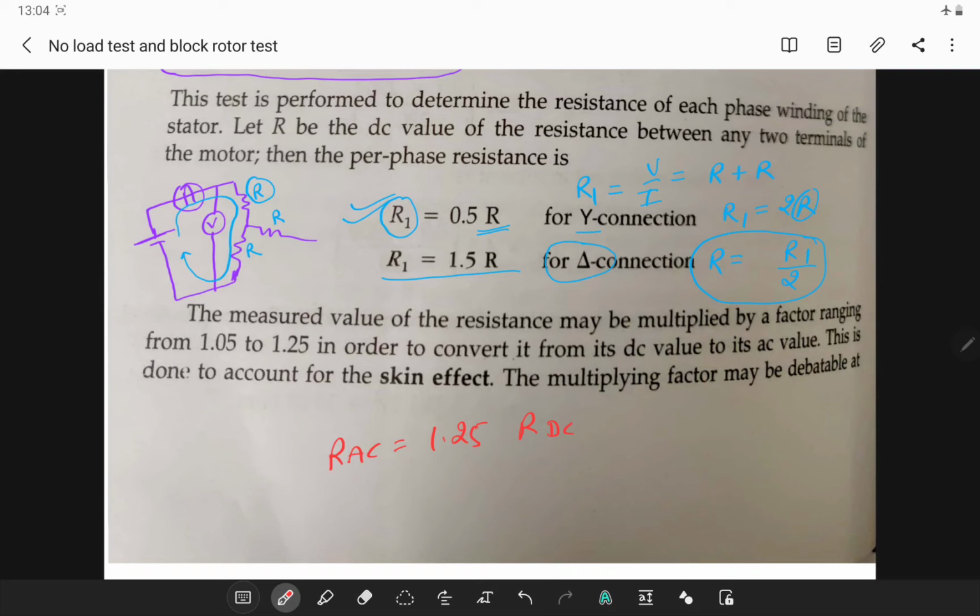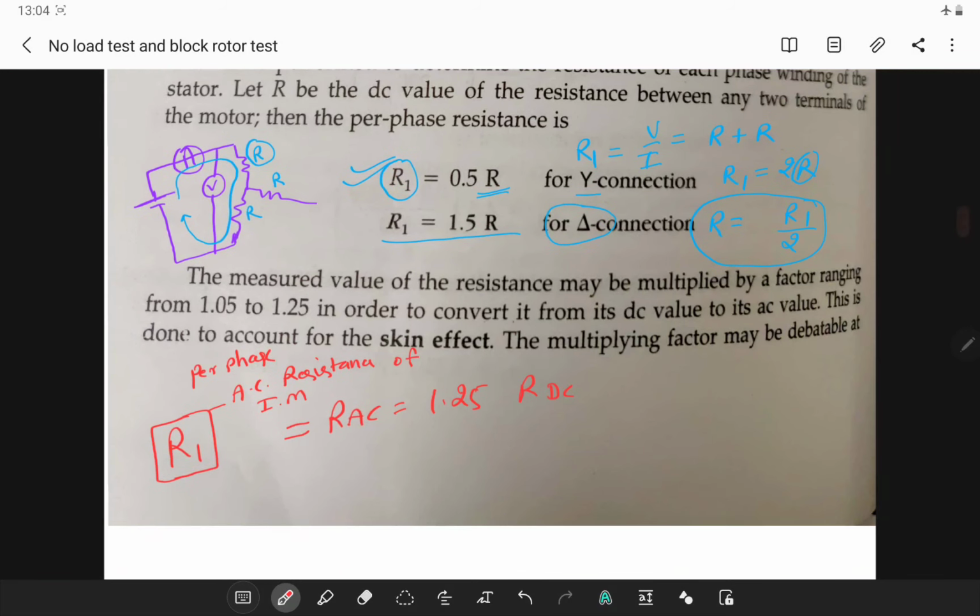So if my measured value is RDC, then I will multiply it by 1.25 to get the AC resistance, and that will be equal to R1, that is AC resistance of induction motor, single per phase.